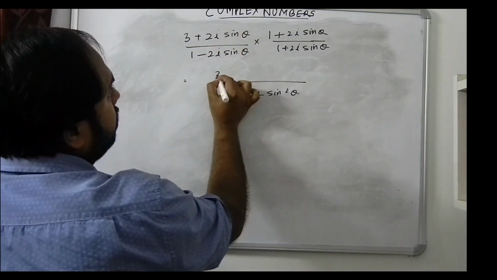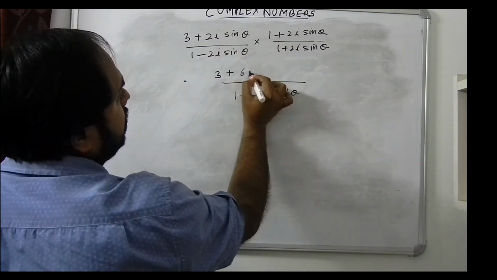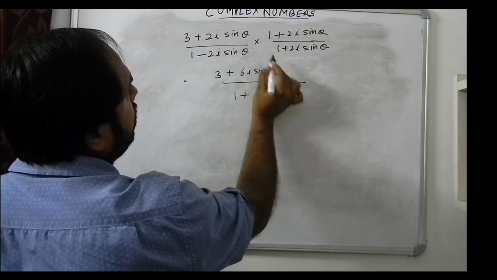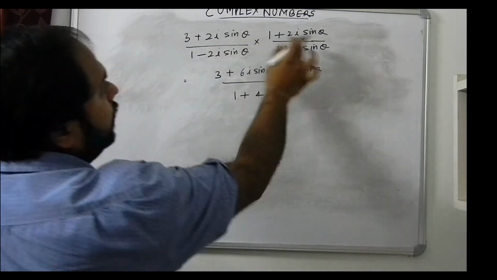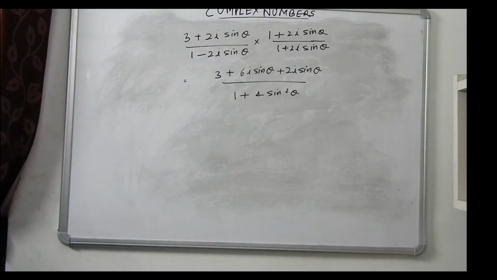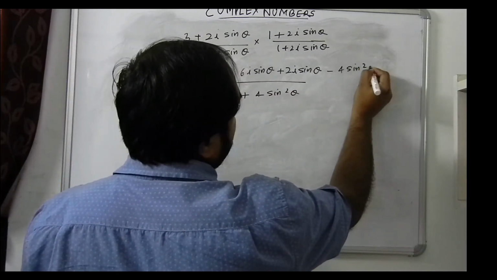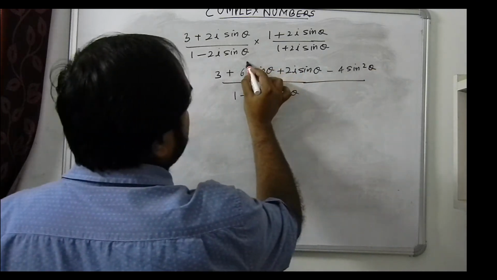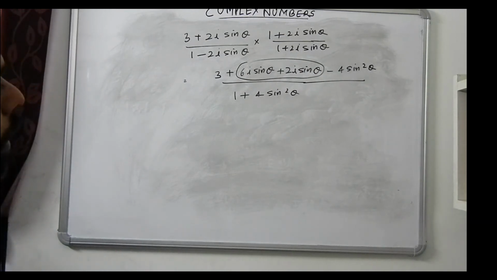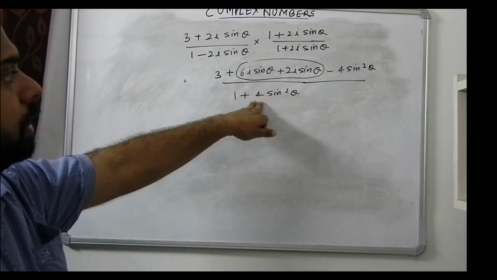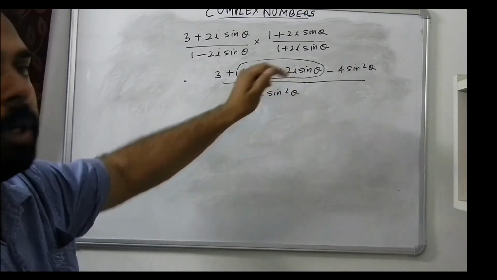The numerator becomes 3 plus 6i sin theta plus 2i sin theta, and this becomes 4 sin square theta with the negative sign, minus 4 sin square theta. So this is the imaginary part, and that they are saying is 0. Now I don't care about the denominator, because if this is 0 then it does not matter. So the numerator has to be 0.